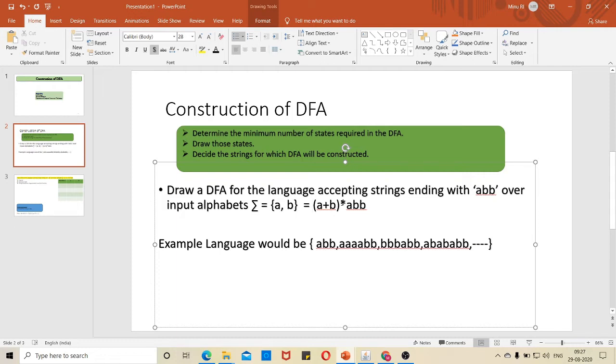That is why I used this star closure. So the language derived from this problem could be simply ABB, or any number of A's followed by ABB, any number of B's followed by ABB, or a combination of A and B followed by ABB at the end. So, let us see how to solve this problem.